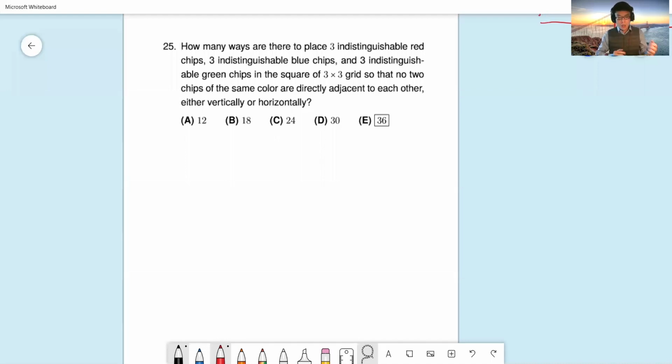Question 25. We have a 3 by 3 grid, and 3 red chips, 3 blue chips, 3 green chips. They are indistinguishable.